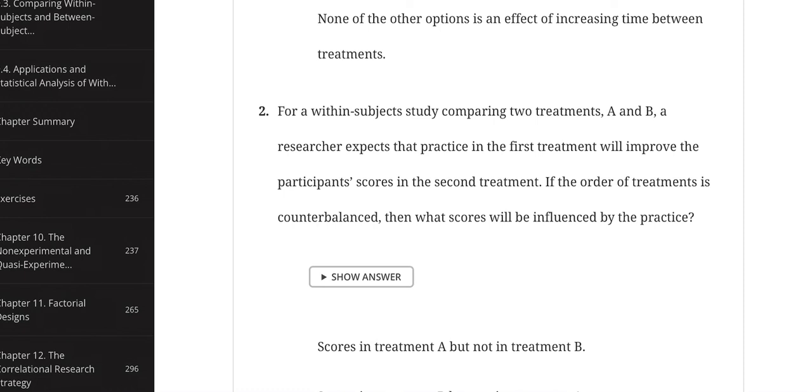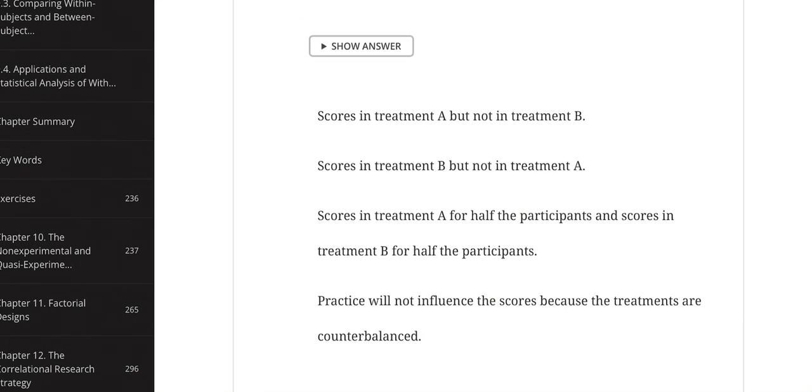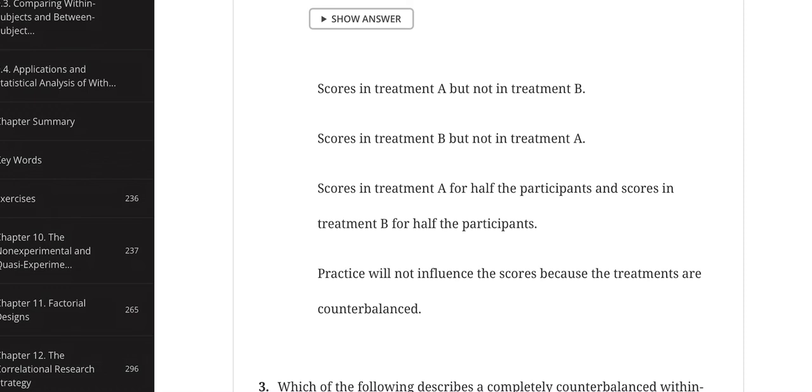For the second one, for within subject study comparing 2 treatments, A and B, the researcher expects that the practice in the first treatment is going to improve their scores in the second treatment. If it's counterbalanced, then what scores will be influenced? So this is one of those things you really got to think through logistically.